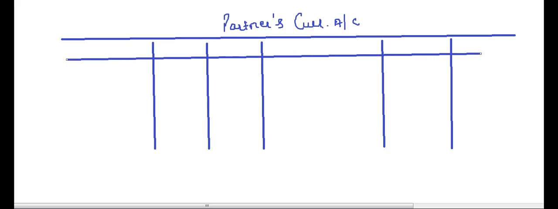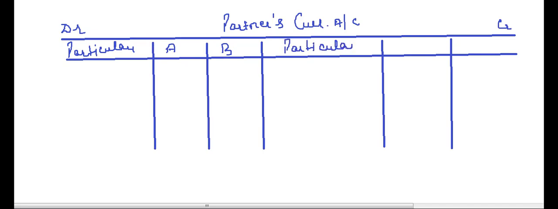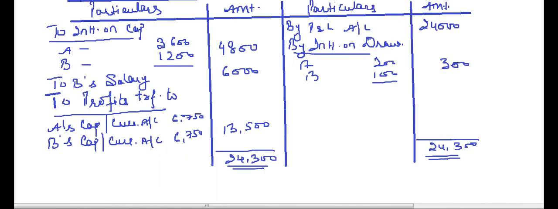These formats are very important to follow in exams, so be careful. We have the credit side, we have the debit side, particulars, partner A, partner B. Now let's see, we don't have any balances of the current accounts, but we have transactions in the profit and loss account that we will transfer to partners current account.